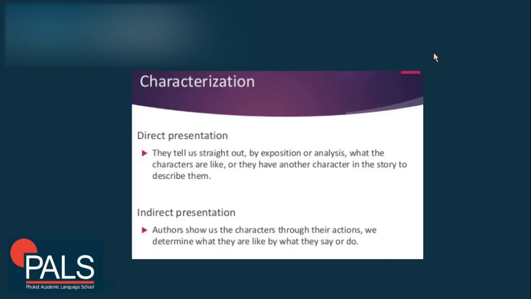While for indirect presentation, the author shows us the characters through their actions. We determine what they are like by what they say or do. So, for example, a student by the name of Anna is borrowing from Ruby.